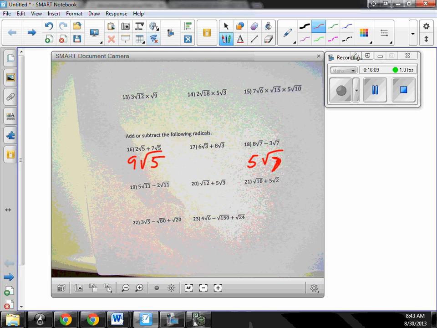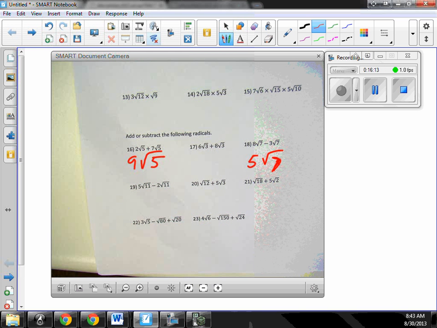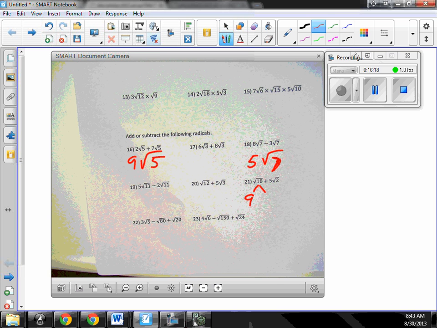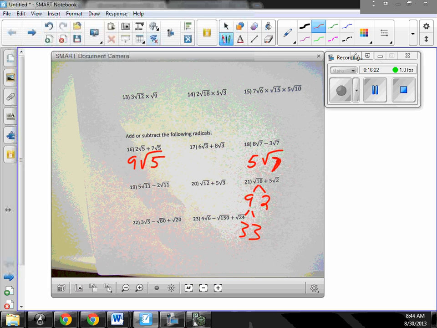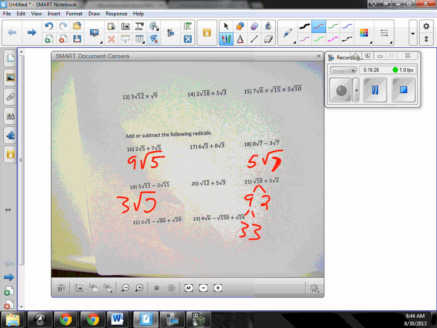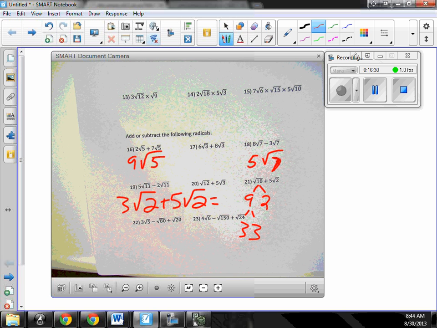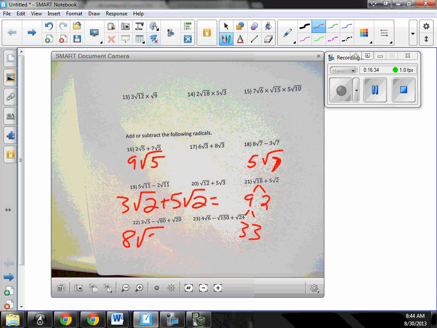I might be able to, but we need to simplify first to tell. So 5 root 2 is already simplified. So 9 and 2, 3 and 3. So root 18 becomes 3 root 2 plus 5 root 2 gives me 8 root 2.